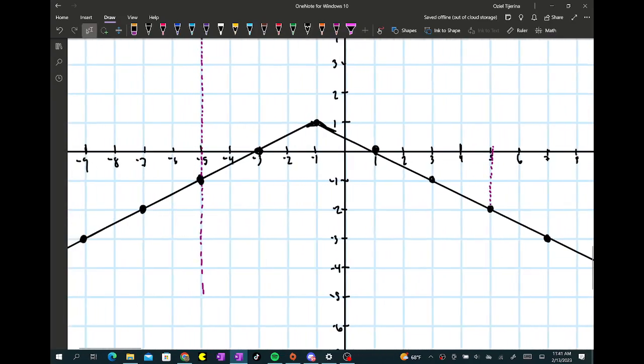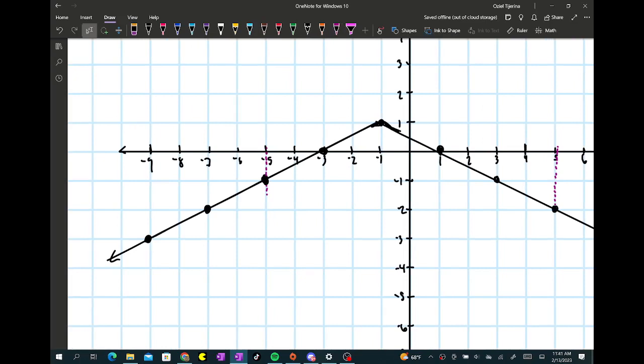Now, the way that I would do this, honestly, is I would only draw from the point right here at -5 to the x-axis, because it's going to play a huge role in finding the area. You'll understand why once we find the area.